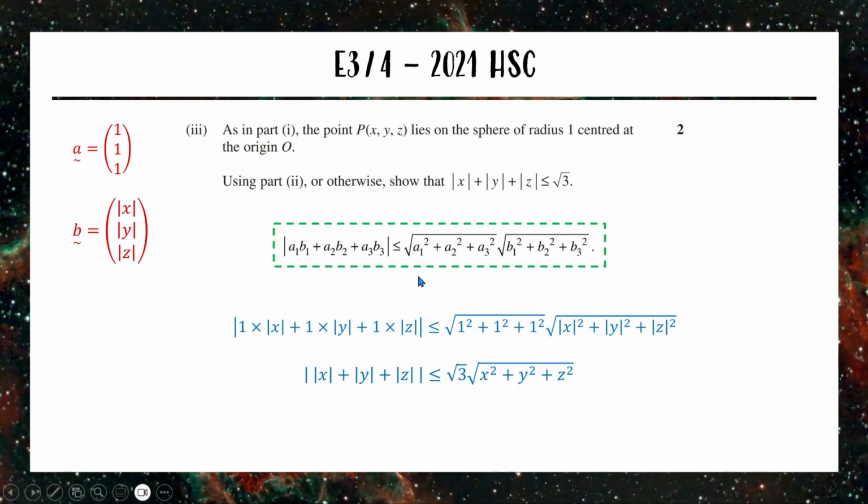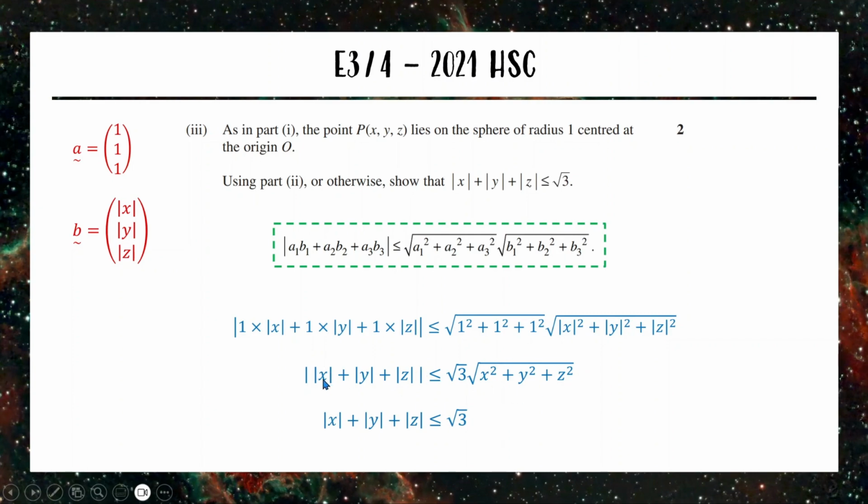Okay, now to finish off, what are we trying to make? We're trying to get rid of everything going on here. Well, on the right-hand side, we have the square root of X squared plus Y squared plus Z squared. This is the length of a vector, P. And as we've already established, P lies on the sphere of radius 1, which means that the length of P is equal to 1, which means this expression here is just equal to 1. So we can get rid of that off the right-hand side because it's just 1.